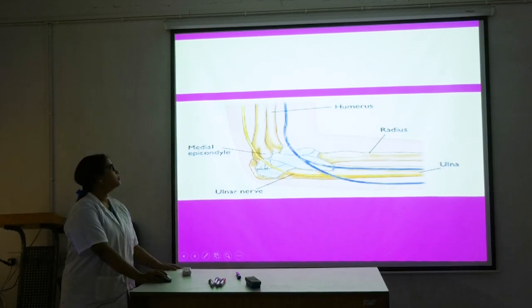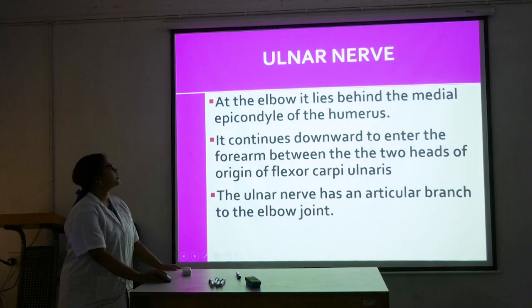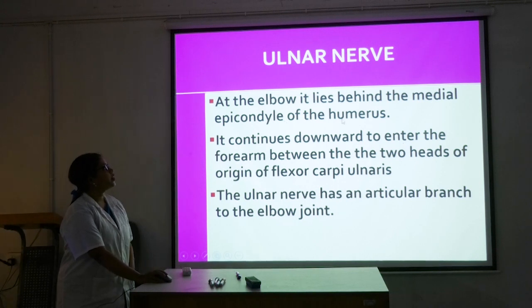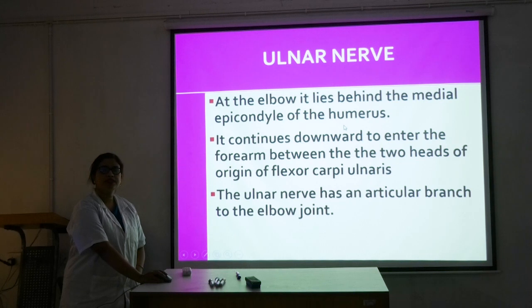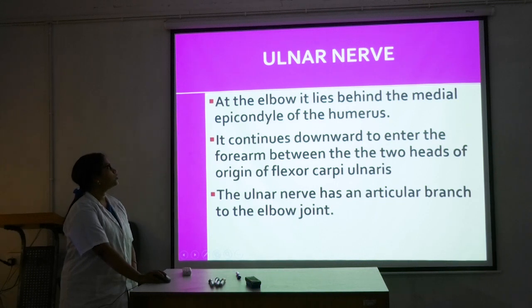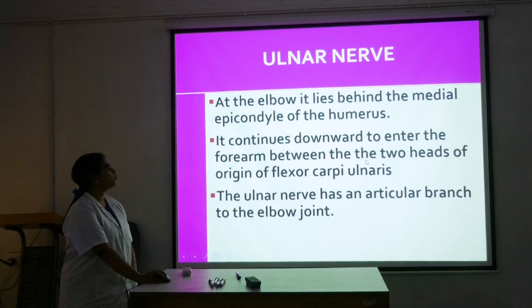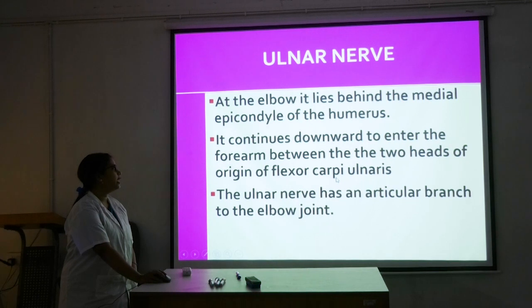Okay, anterior. So see, next one is at the elbow it lies behind the medial epicondyle. So remember this relation, it will always be lying behind the medial epicondyle. Okay, and it continues downwards to enter the forearm between the two heads of flexor carpi ulnaris.